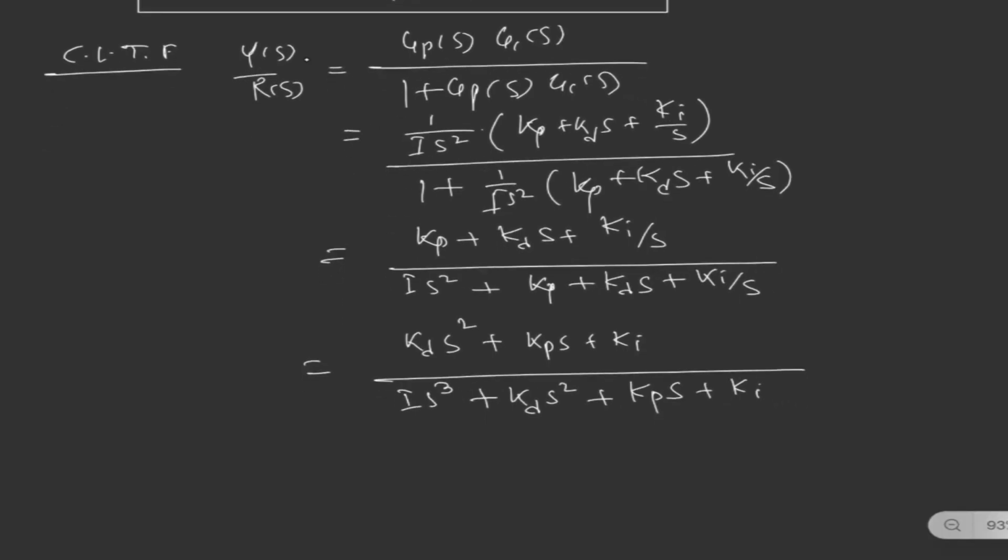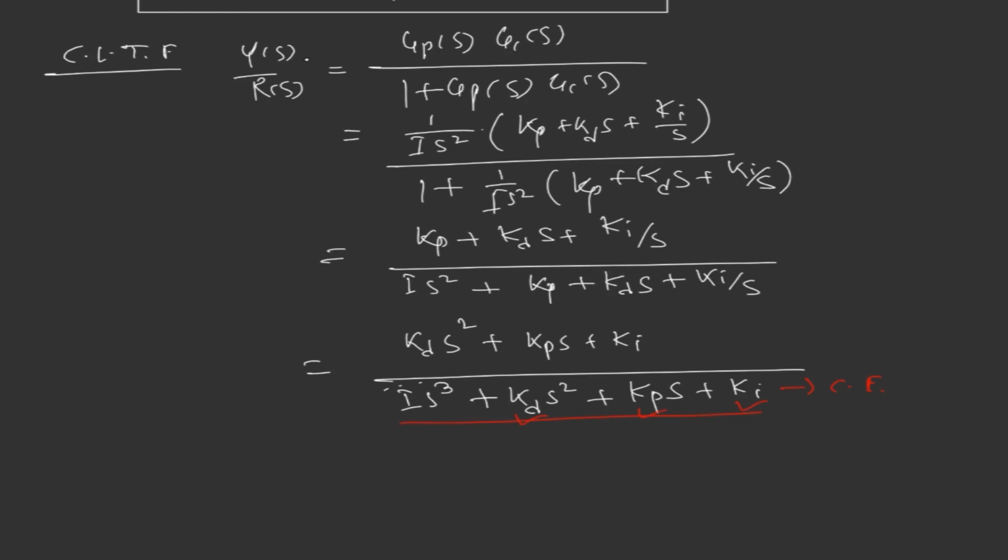So now, if you notice this equation, this is the characteristic equation we are having. The denominator is basically the characteristic equation. And if you notice here, we are having three unknowns: Kd, Kp, and Ki. But the previous methods we have used are difficult to apply here to find these gains.